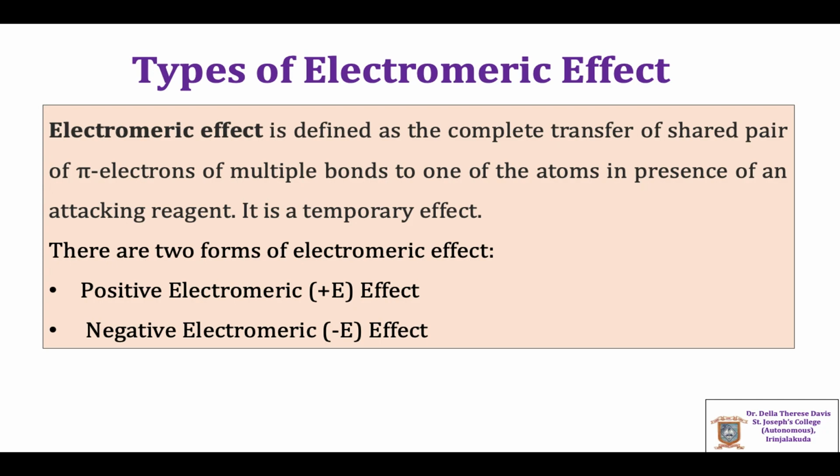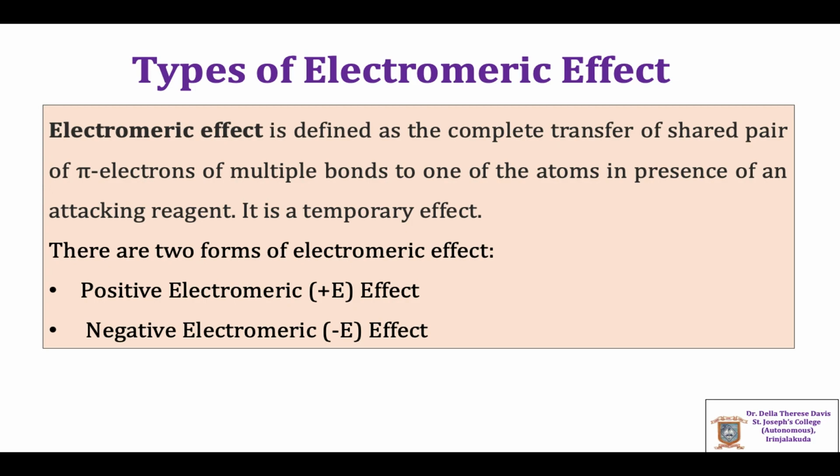What is electromeric effect? Electromeric effect or E effect is defined as a temporary effect involving the complete transfer of a shared pair of pi electrons of a double bond or a triple bond in a molecule to one of the bonded atoms at the demand of an attacking reagent.